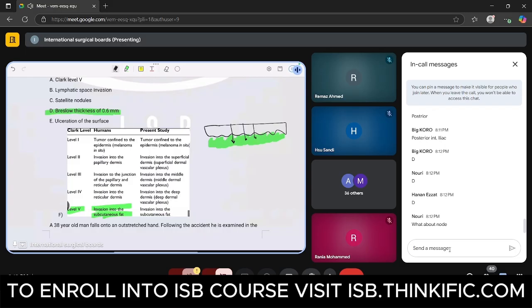They found a correlation between depth of invasion and lymph node status. The deeper the tumor goes, the higher the chances the nodes will be involved. So suppose these are nodes. The deeper it goes, the higher the chances that the malignant melanoma will give metastasis to the nodes.